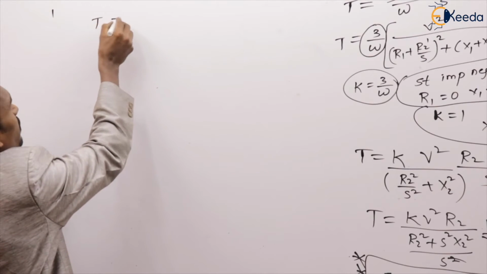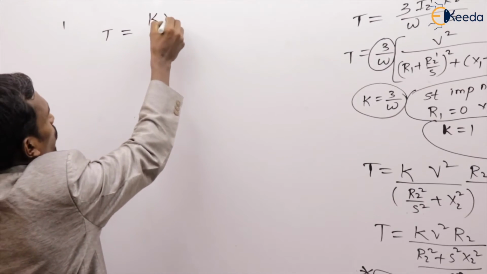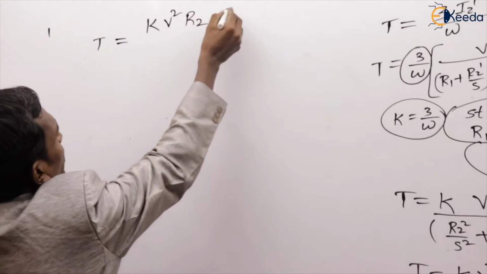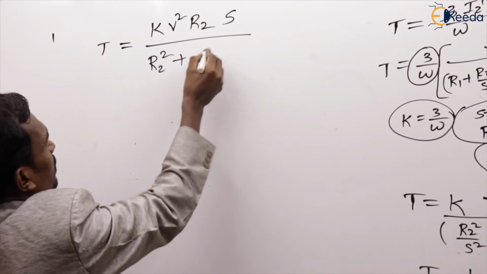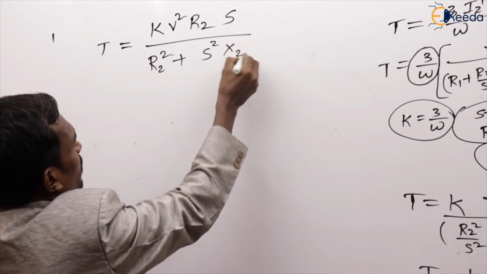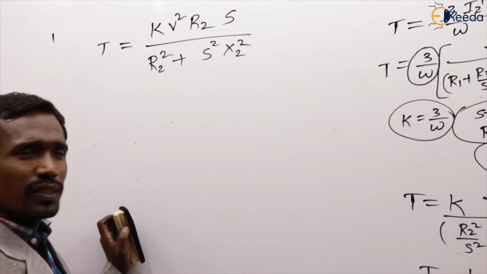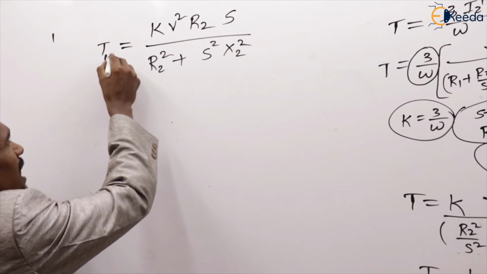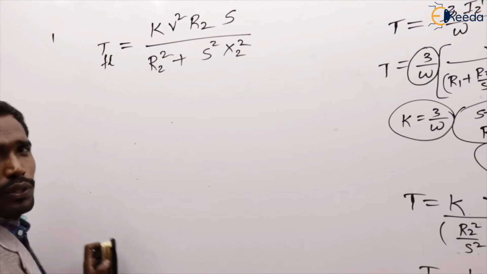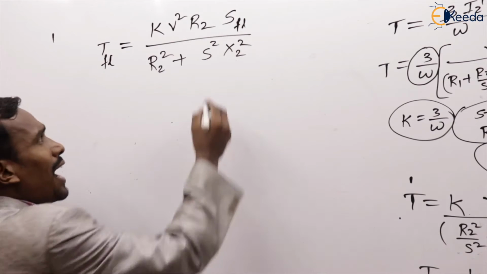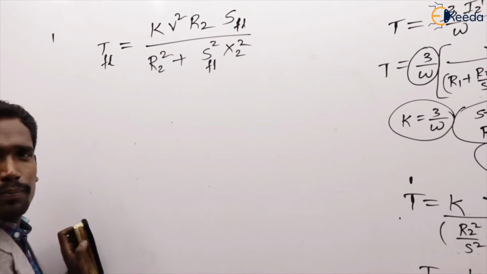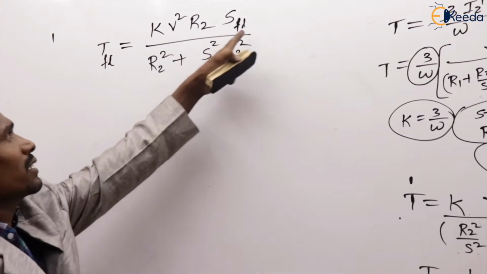Torque T is equal to K into V square into R2 into S by R2 square plus S square X2 square. If this is the full load torque, then this is the full load slip.